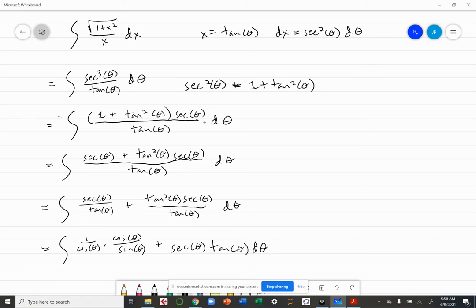Okay, so where are we at? Integral of 1 over sine, which I'm just going to kind of skip a step and write that as cosecant.